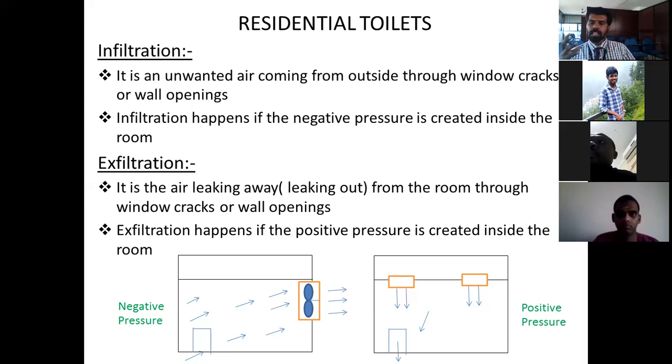When an exhaust fan is given, a negative pressure is created inside the room. So the outside air will come inside. Right. So is there any provision which is given inside the toilet, or from where does this outside air come to the particular toilet? How can this outside air come into the toilet?